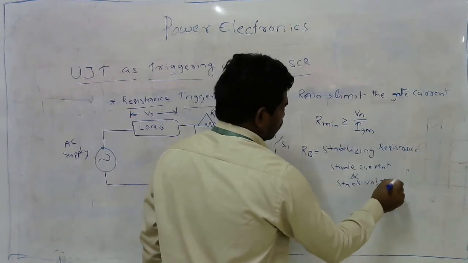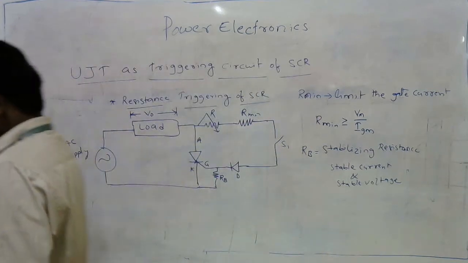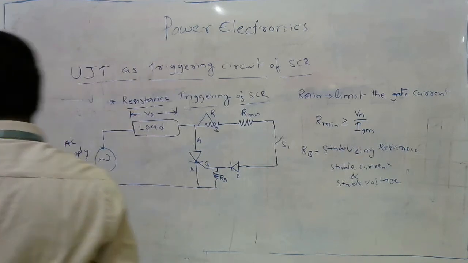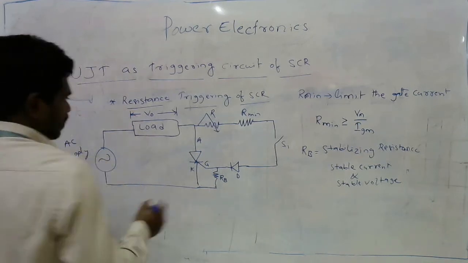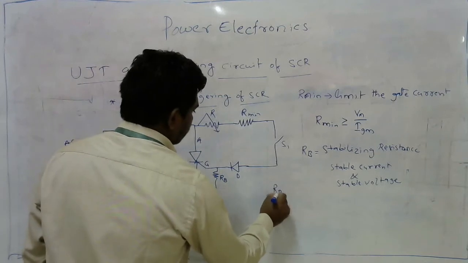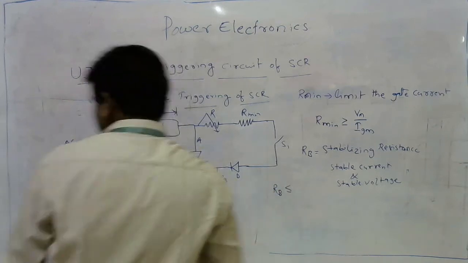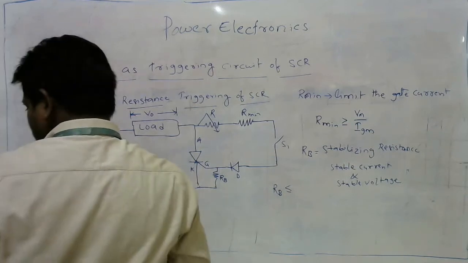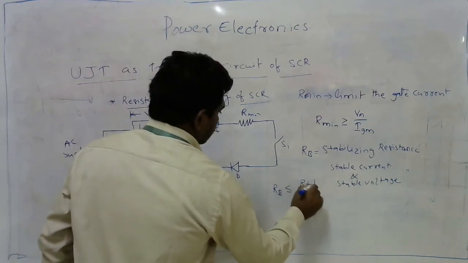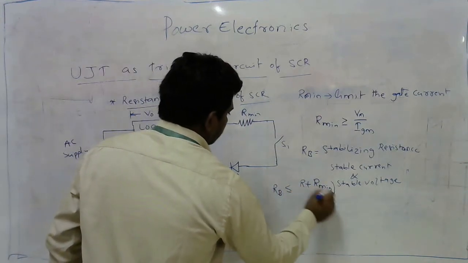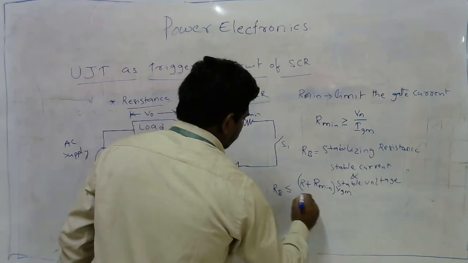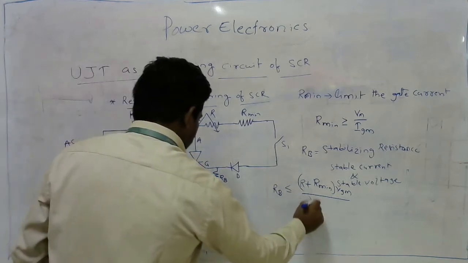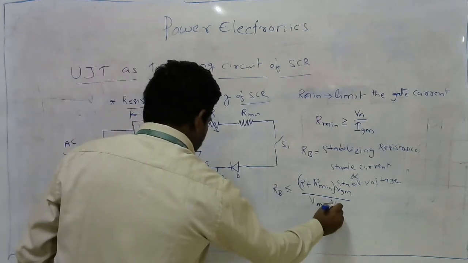This stabilizing resistance is designed in such a way that RB is less than (RA plus R minimum) into VGM by (VM minus VGM).